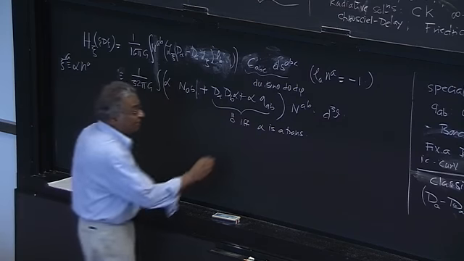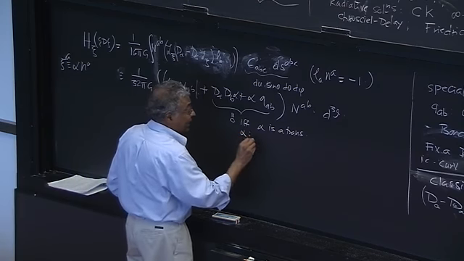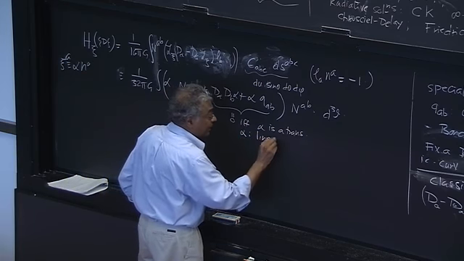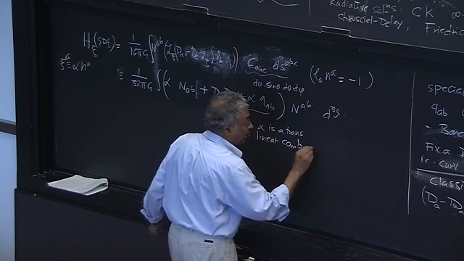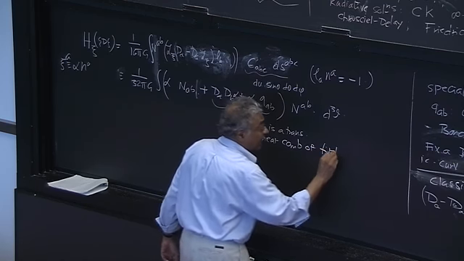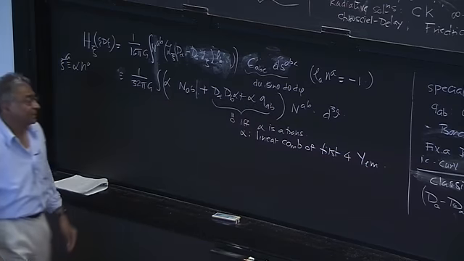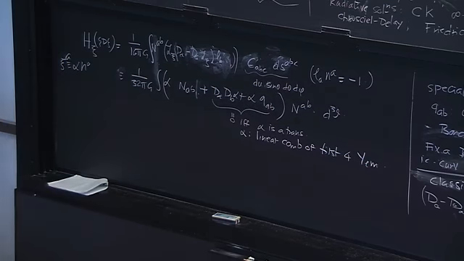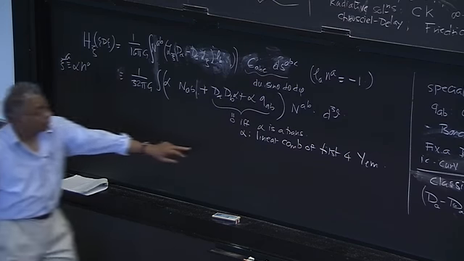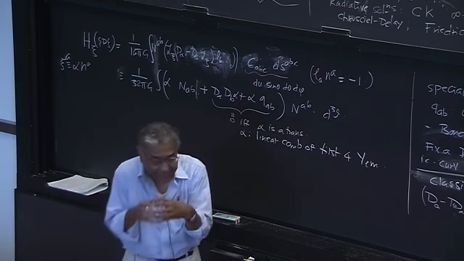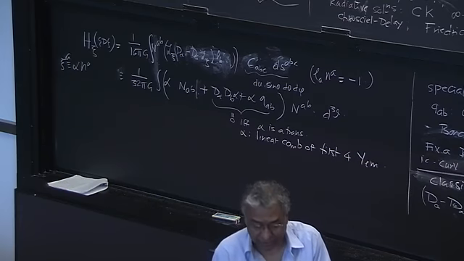And this just means that alpha in the spatial conformal frame is a linear combination of the first 4 Y lm's: Y00, Y11, Y10, Y1 minus 1. So when alpha is just the first 4 spherical harmonics, then we get a translation.